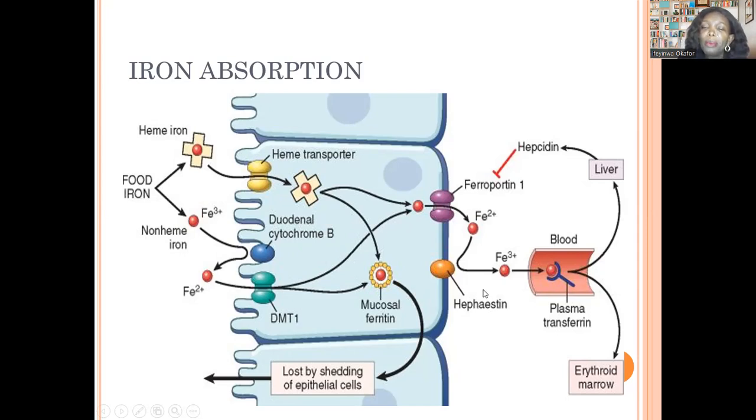But when the body has enough iron stored, the liver produces more hepcidin, and hepcidin blocks the channel ferroportin, and the iron absorption from the proximal duodenum is reduced.